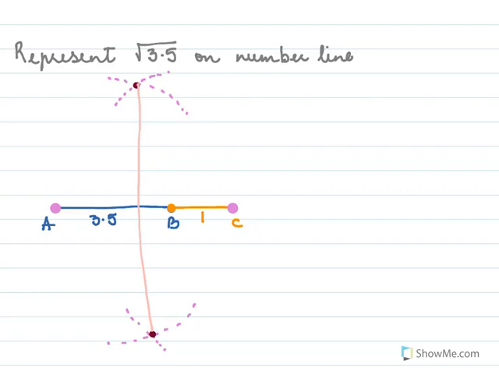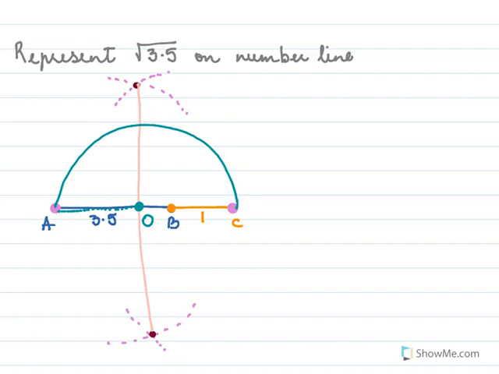Now after you join, this point here on AB is your point O. Now with O as your center, keep your compass at O and take your radius on your compass as OA, and then draw a semicircle. It should pass exactly through the point C.